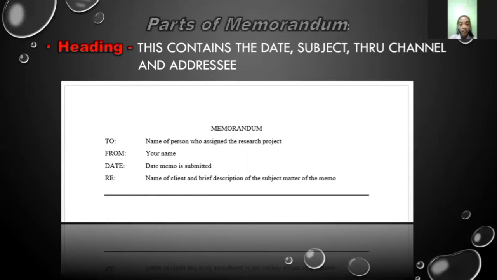Sa headings, nakalagay dito yung to, name of person who assigned the research project, from your name, the date, and a clear and brief description of the subject matter of the memo.